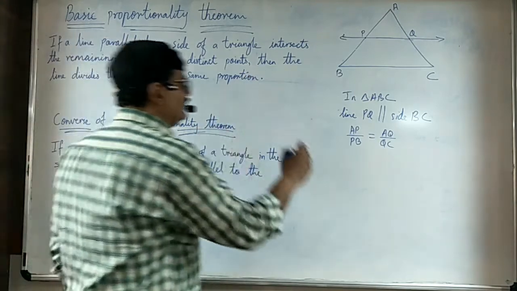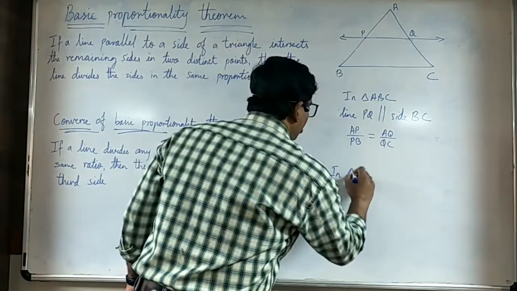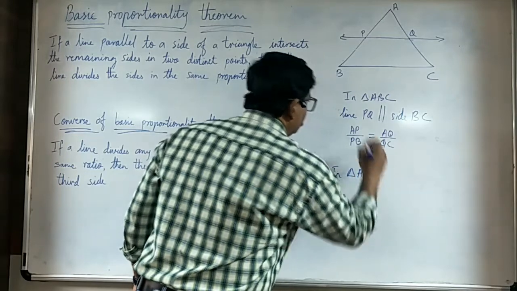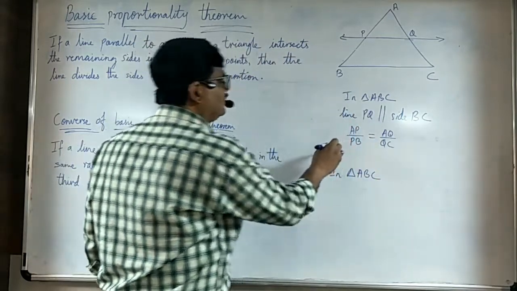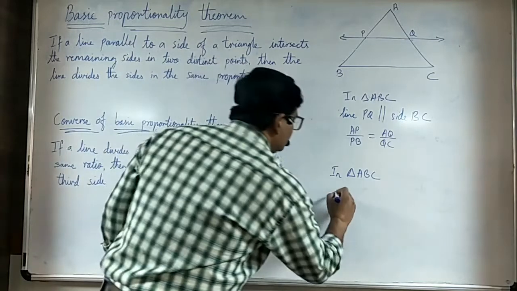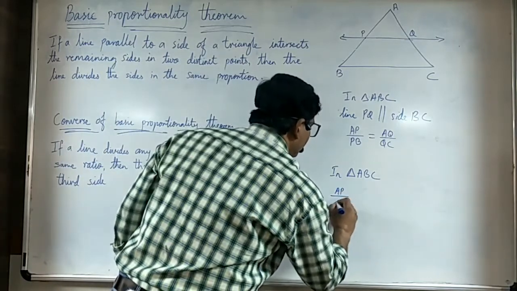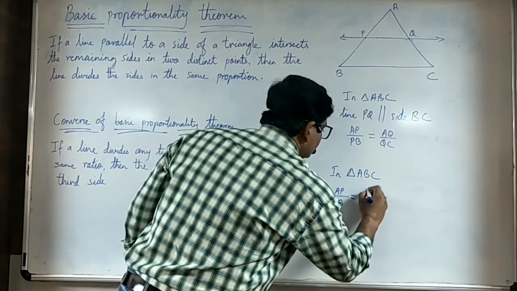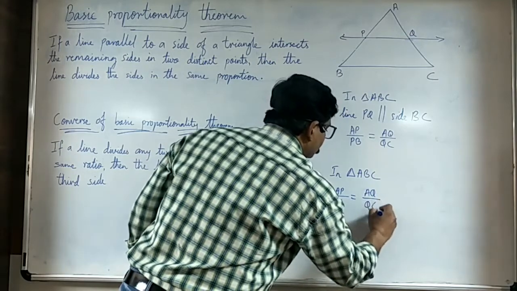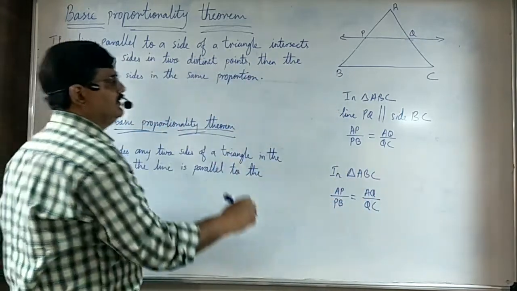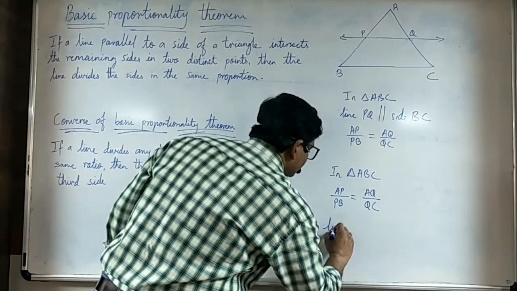That means in triangle ABC, earlier we had a parallel line, then the ratios were equal. But in the converse, if AP upon PB is equal to AQ upon QC, if the ratios are equal, then the lines are parallel.